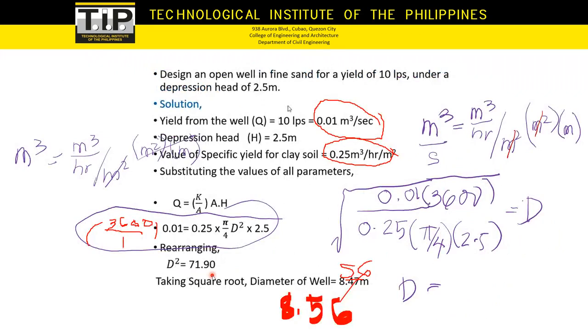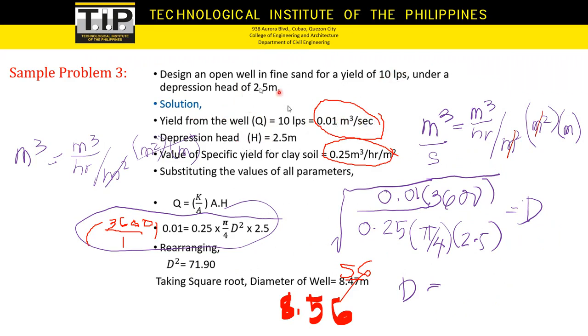Okay, so if we are to ask to design an open well, given yung yield, and then depression head na 2.5, so lista mo muna ano yung given. So yield from the well, Q is 0.01 cubic meter per second. So convert mo lang kung 10 into cubic meter per second.